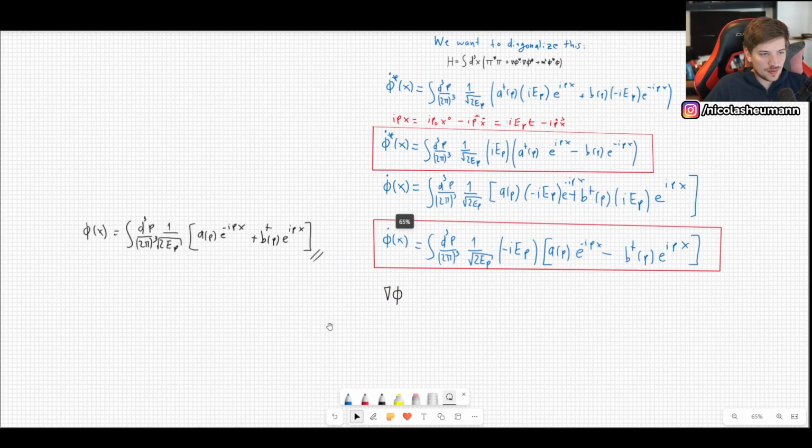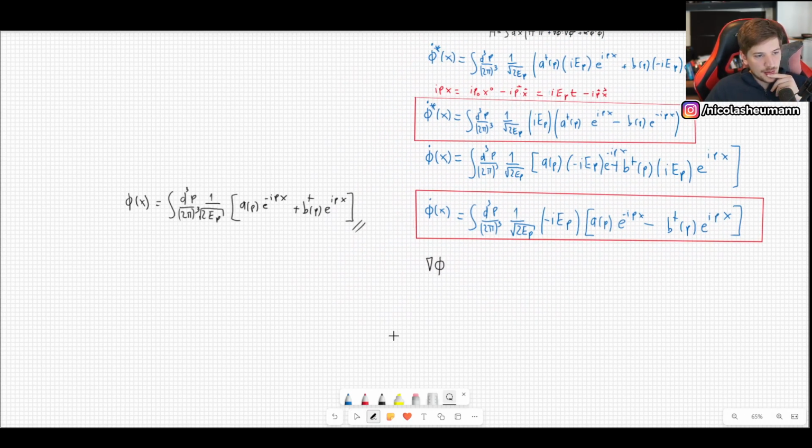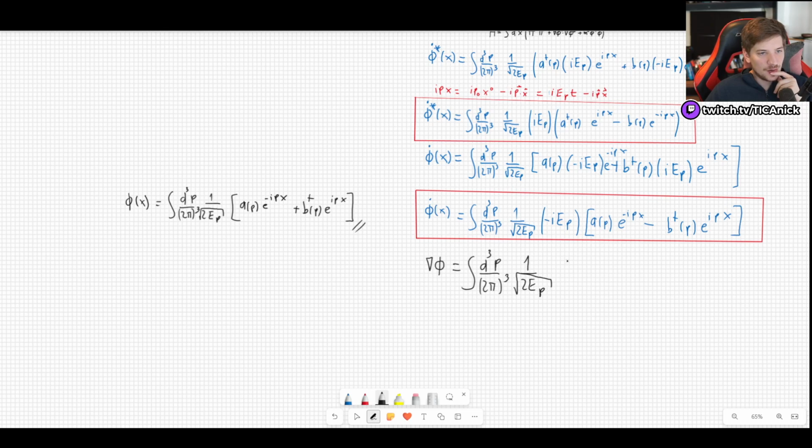So if we want to take now the spatial derivative, again, we get a bunch of prefactors. So integral blah, blah, blah. And now we have, well, same a_p. And now when we take the derivative, let's take a look at what we have up here. When there is a negative in the exponent, we get a positive out here. So we're going to get i times p. Keep in mind, that's the vector. All right. And then we get e to the minus ip·x.